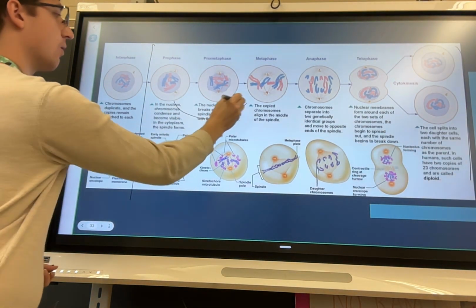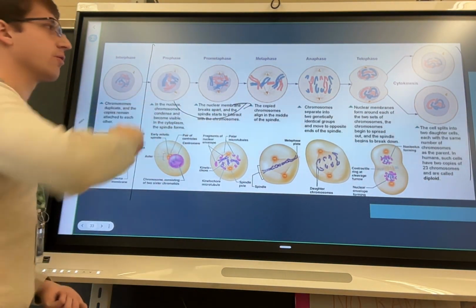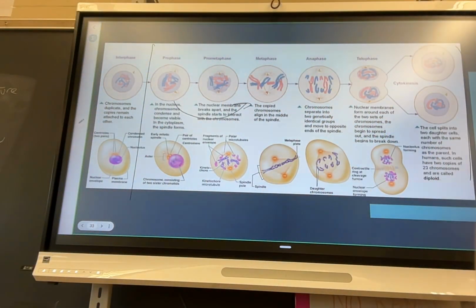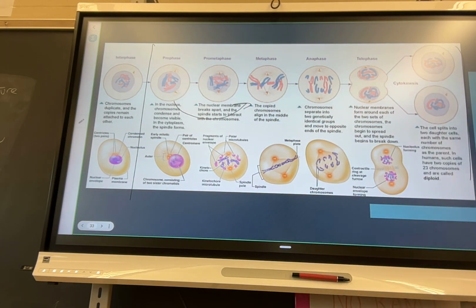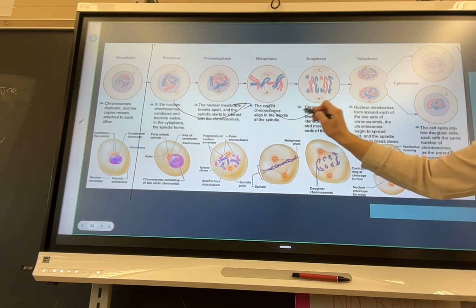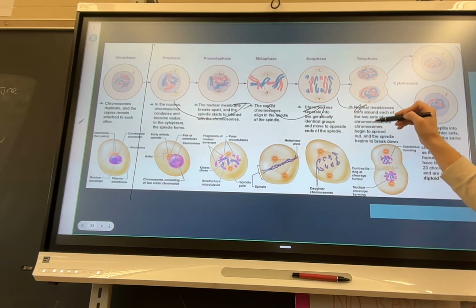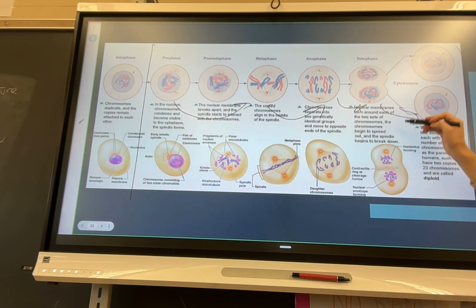From there, I'm going to jump over prometaphase because it's just kind of a middle step, and move from prophase over to metaphase. The way I usually remember that, meta is middle. Metaphase goes to anaphase, anaphase to telophase. And then finally, they're going to divide off in a process called cytokinesis. So we're going to go through all of these in depth.